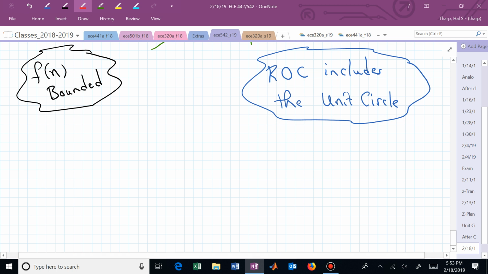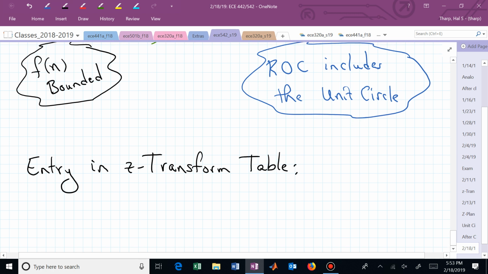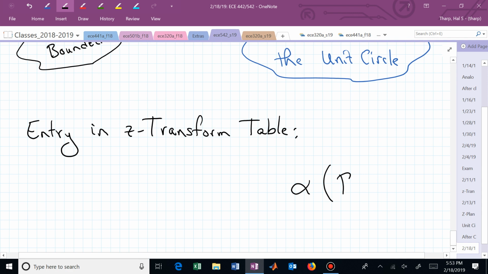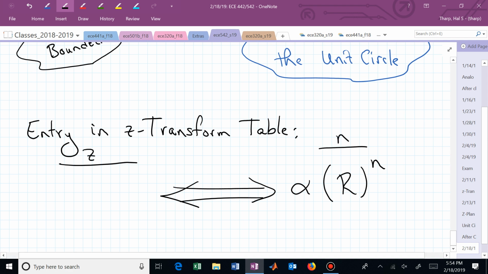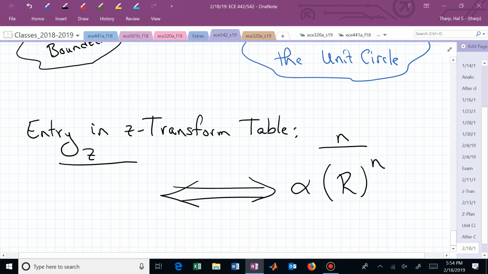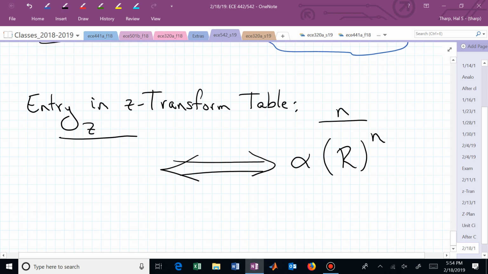I better not write in red. If I now had alpha R to the n, what would that look like in the Z domain? This is now in the time domain, or n. Now what's in the Z column in my table associated with this entry, alpha capital R to the n? What would its Z transform look like?